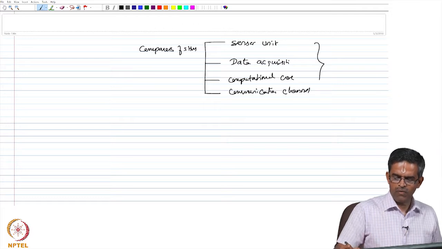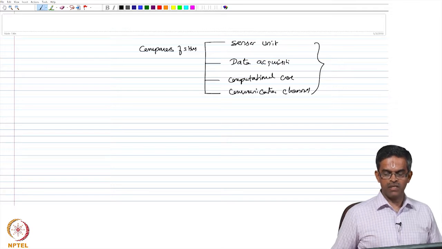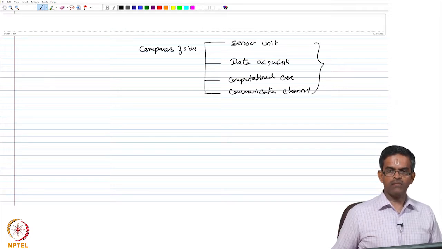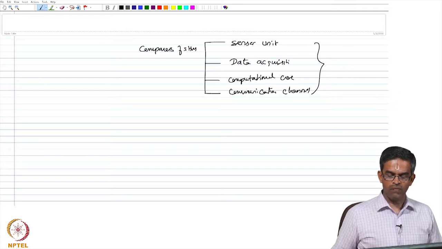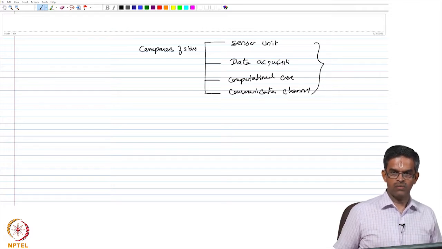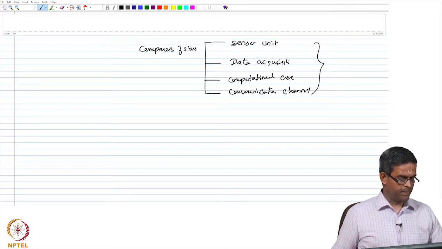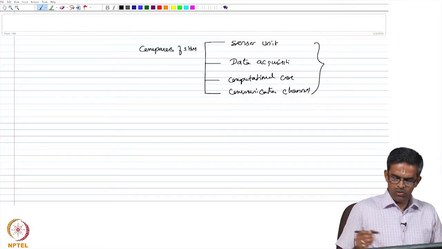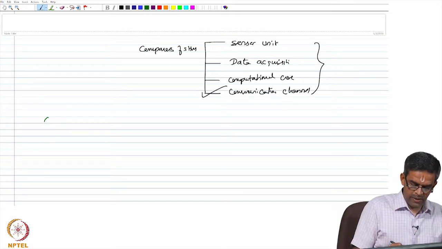While the details of all these 4 modules as components of SHM have been discussed earlier in module 3, we will slightly highlight an important issue for reiterating the connectivity of the design and layout of sensors for health monitoring in the present case study. So, we wish to talk about the communication channel slightly more in detail.